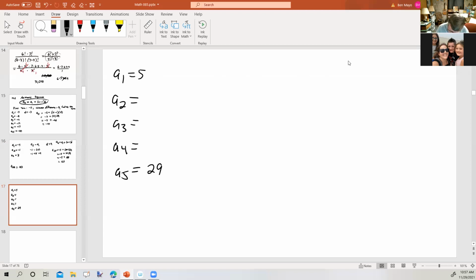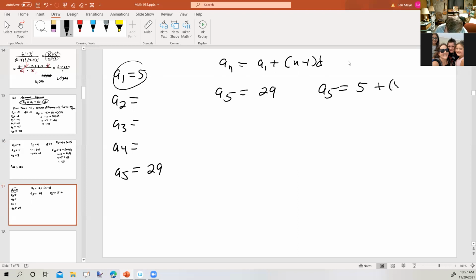Okay, so using the formula, a sub n equals a sub 1 plus the quantity n minus 1 times d, we know that a sub 5 equals 29. We also know that a sub 5 equals a sub 1, which is 5, plus 5 minus 1 times d.